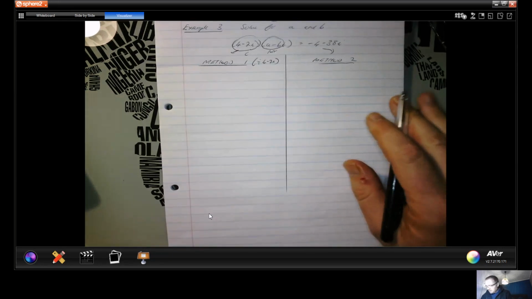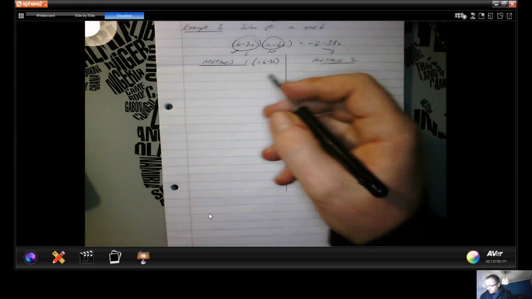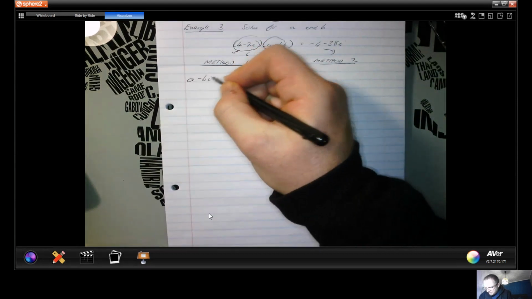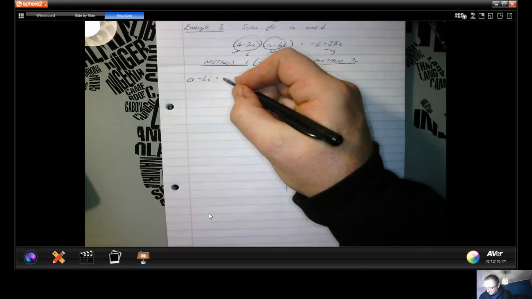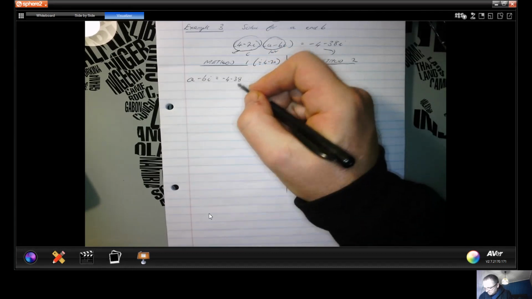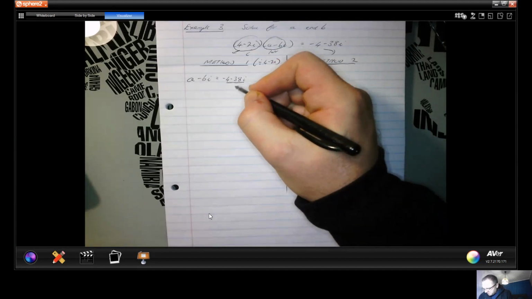Right, so hopefully you've tried it now, and you're just checking. If I divide both sides by 4 minus 2i, I'm going to be left with a minus bi is equal to minus 4 minus 38i over 4 minus 2i.